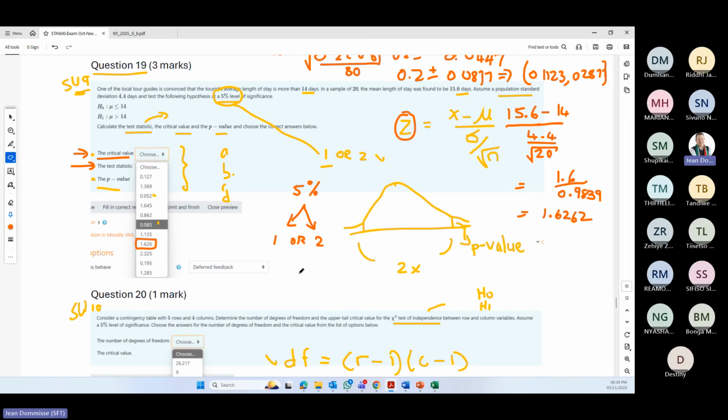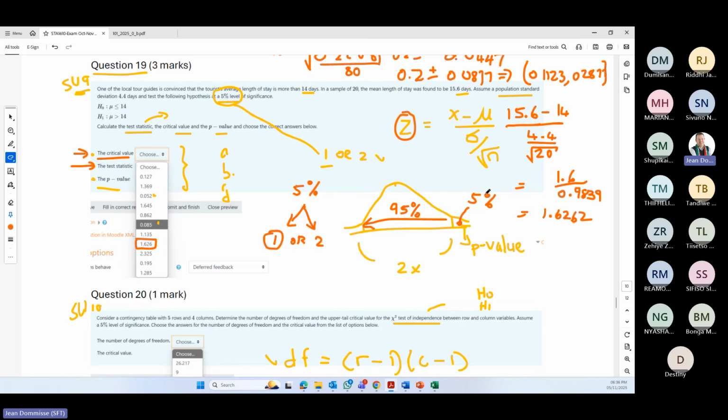So to me, it seems like it's a one tail. So if it is one tail, my critical value here is 5%. This side, it's 95%.